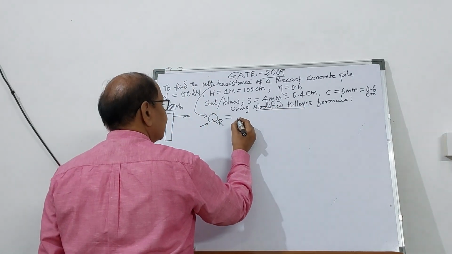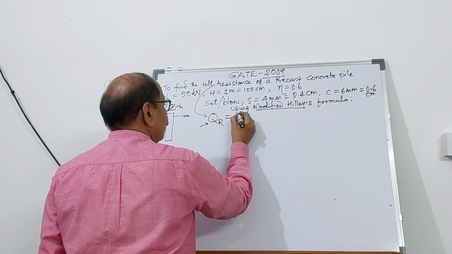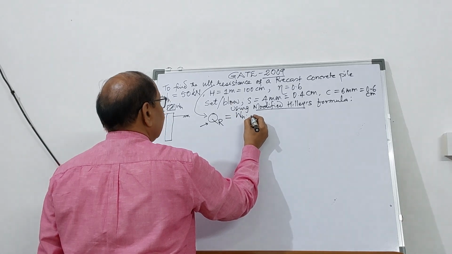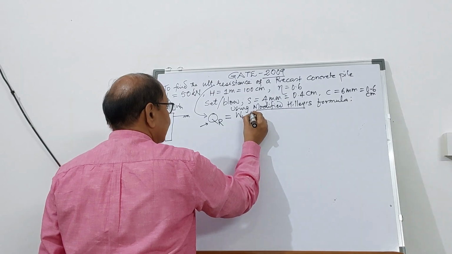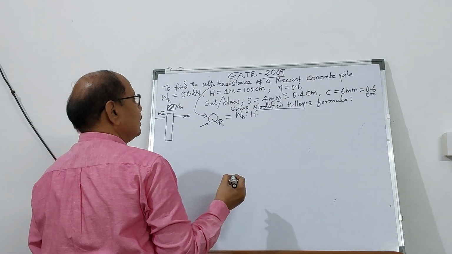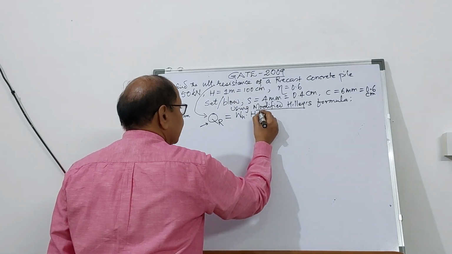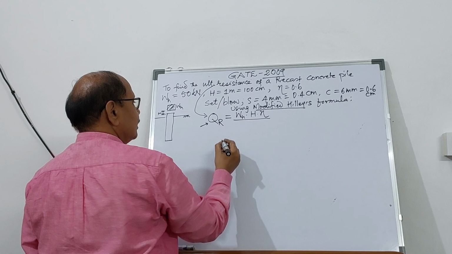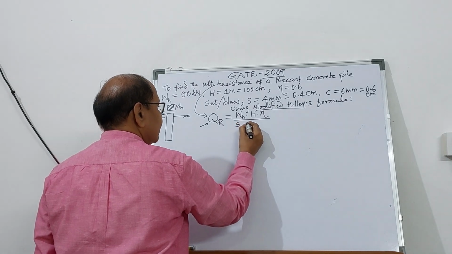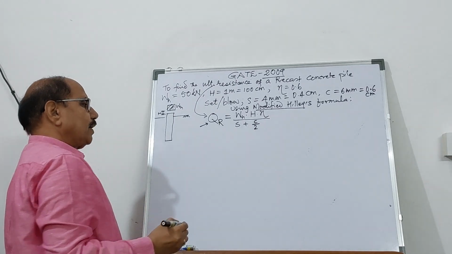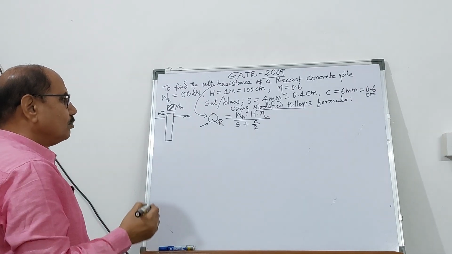So this is given as weight of the hammer multiplied by the height of fall of the hammer multiplied by the efficiency eta divided by set plus C by 2. So this is the formula.